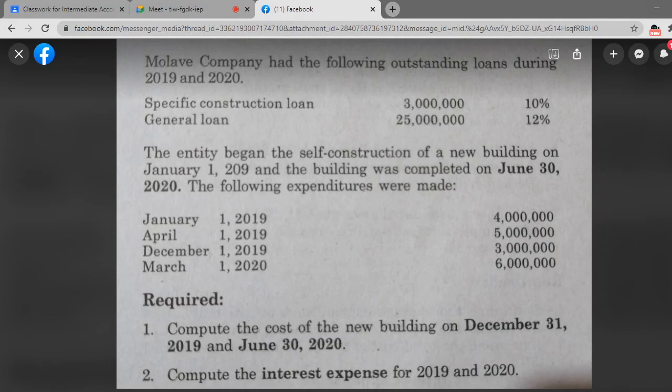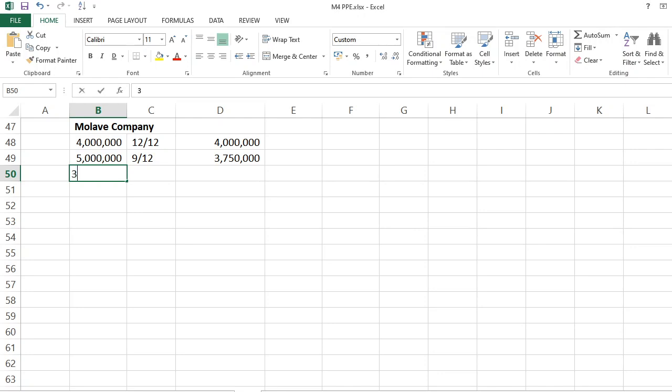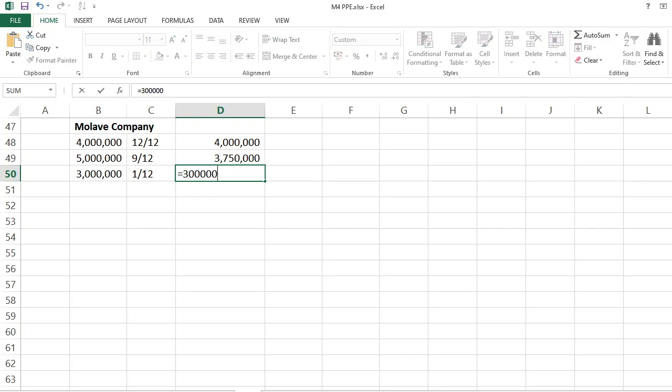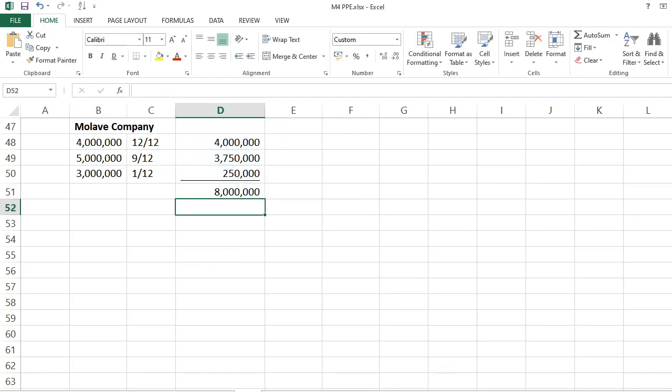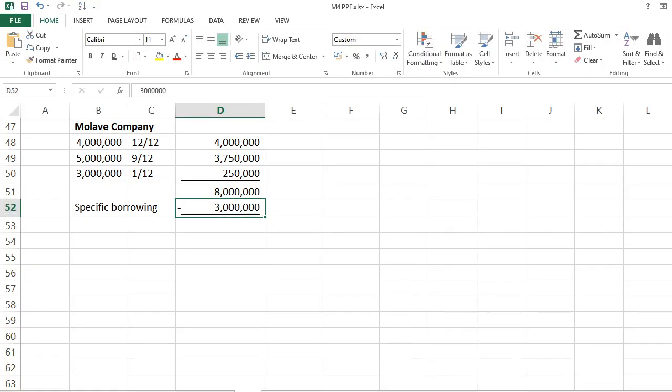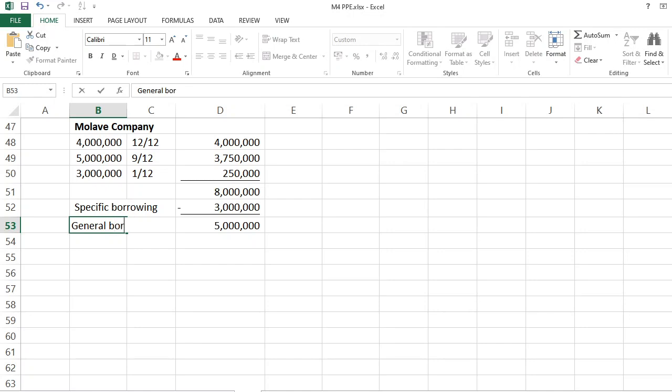We have 3 million on December 1. So that's 1 over 12 na lang. And that's 250,000. So in total, we have an average carrying amount of 8 million, and the specific borrowing comes from the specific borrowing of 3 million and the rest is from the general borrowing. So it's 5 million from the general borrowing.